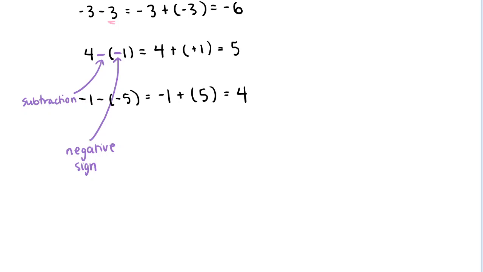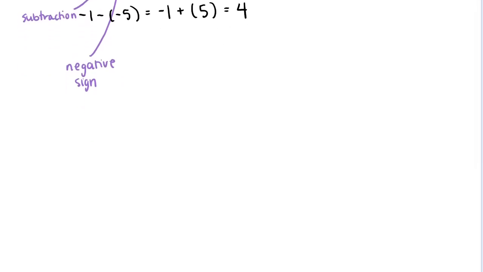So let's go through two more examples just to really solidify our understanding of subtraction with negative numbers. Let's determine negative 8 minus 5, and let's determine negative 12 minus negative 25. I encourage you to pause, try these examples out, and when you're ready, resume the video.